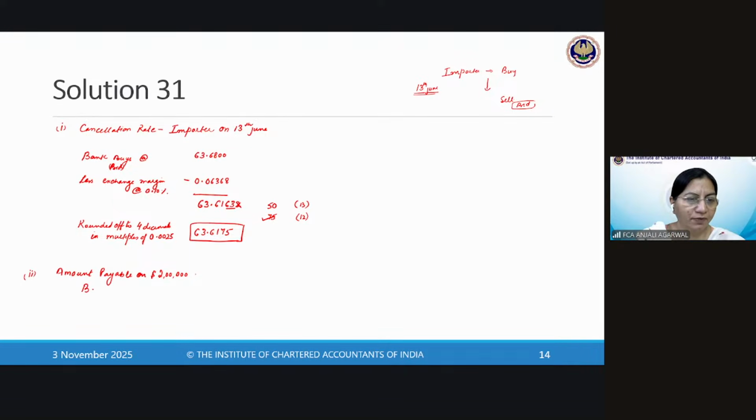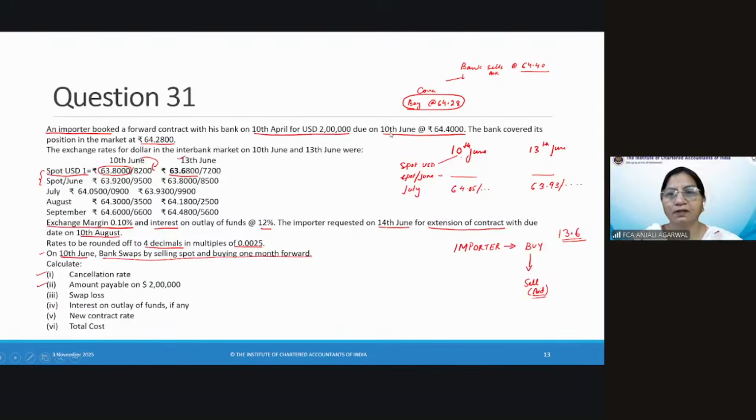He was an importer. So the bank had agreed to sell to him at 64.40. So bank was selling at 64.40. Bank will buy at 63.68, rounded off after margin.